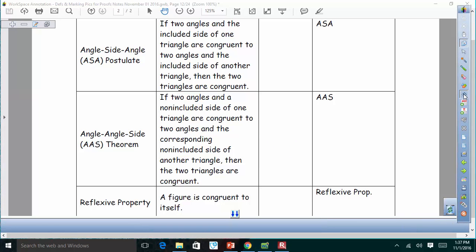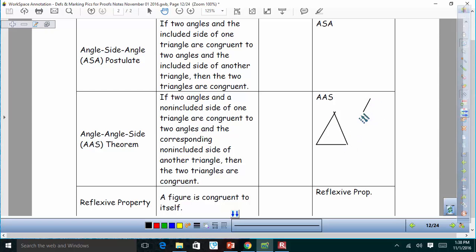Okay. Now angle, angle, side. Our two angles that are congruent have to come before the side. Could we do side, angle, angle? Yeah. It can be angle, angle, side, or it could be side, angle, angle, because technically, it's still in the same order. It's just whether you start with the angle or you start with the side.